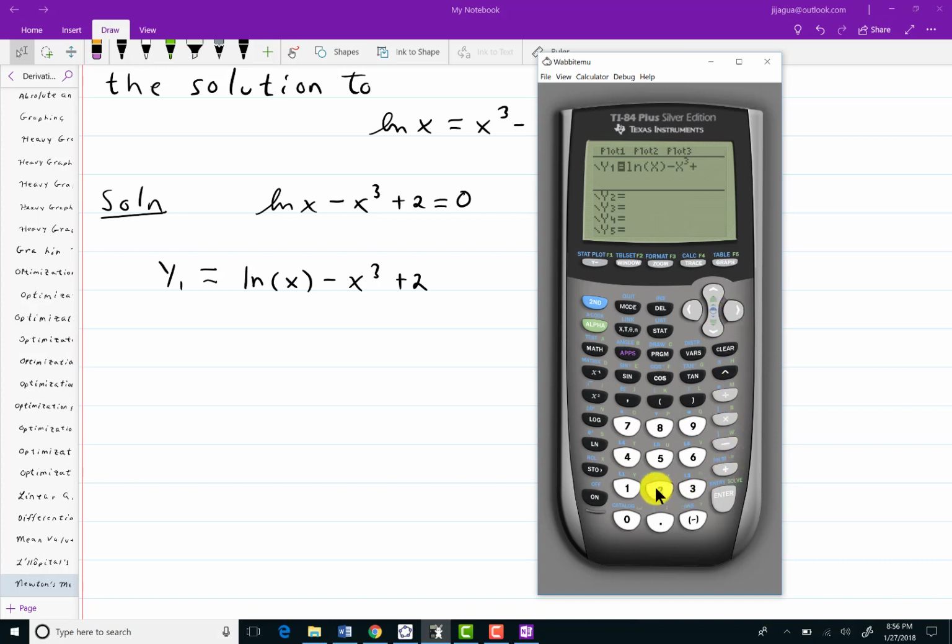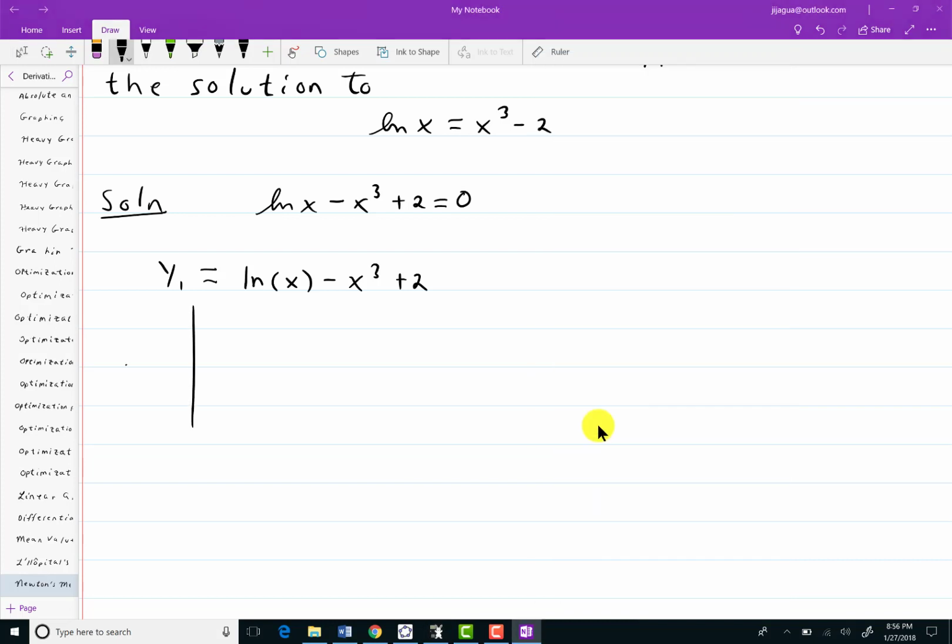And it looks to me like 1 wouldn't be such a bad estimate. So a graph that I have here kind of goes like this, around 1. So my guess will be x sub 0 equals 1.